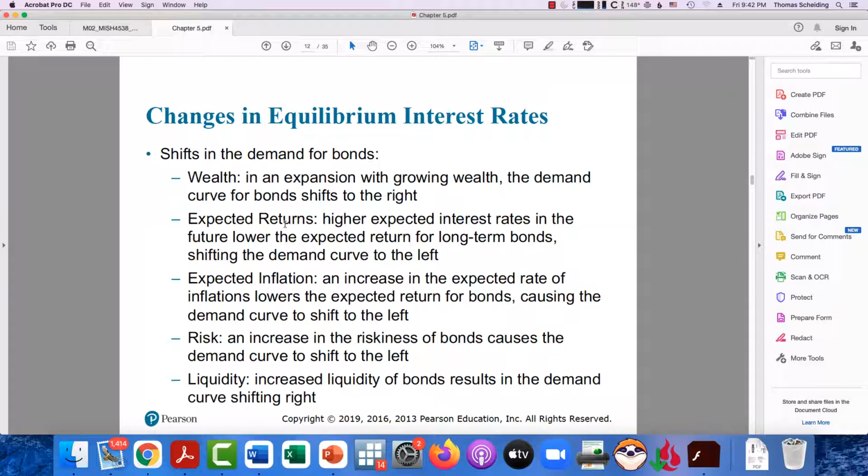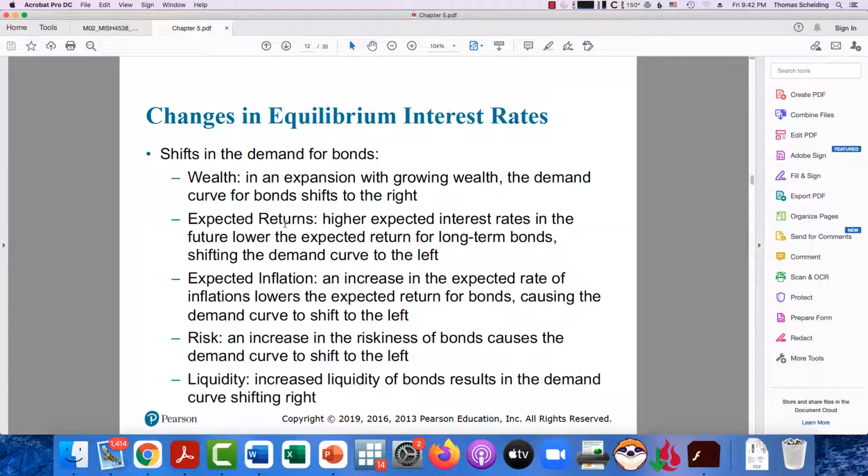If risk increases, then the demand curve will shift to the left. And finally, if liquidity increases, the ability to turn that bond into cash, it'll shift the demand curve to the right.